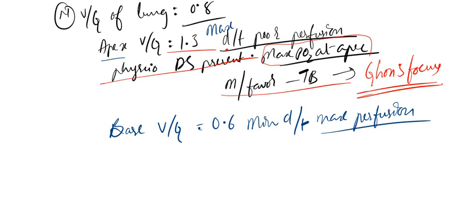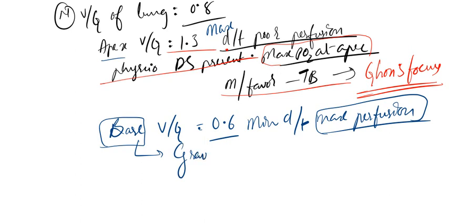Because maximum perfusion means a greater amount of blood supply going towards the base of the lung. Why maximum perfusion at the base? One factor is gravity. Gravity leads to maximum perfusion to the base of the lung. You got it? And one more thing is, there is even maximum ventilation at the base due to maximum space. Okay?